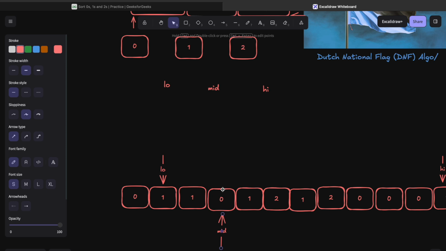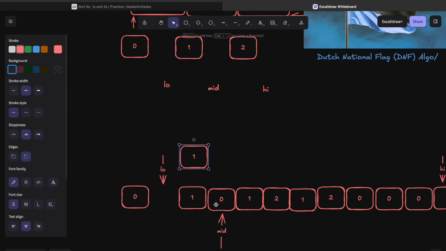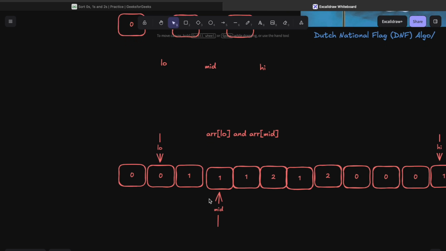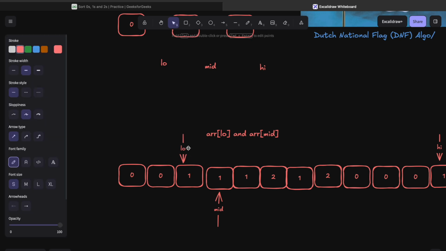Now here there is a zero and I know that zero should come behind. So I can just swap these both, array of low and array of mid. After swapping this, I also have to make sure that I move the low pointer also.